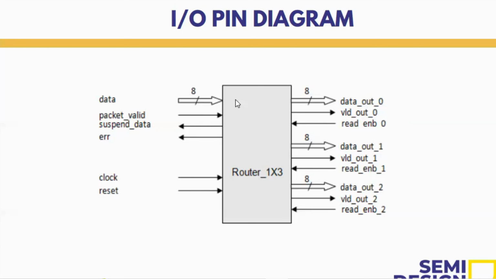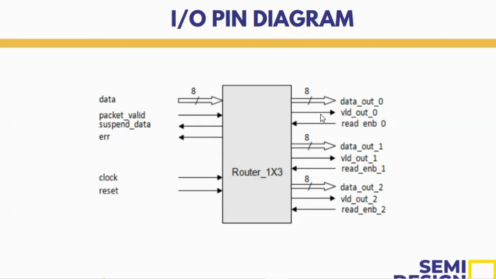Valid out is similar to packet valid. Packet valid is only for the single data, where a single data is transferred. Here at the output we have 3 different data. So if there is data available in the router for further transfer to the destination, then it will show valid out. Yes, the router has some valid data which is to be read.